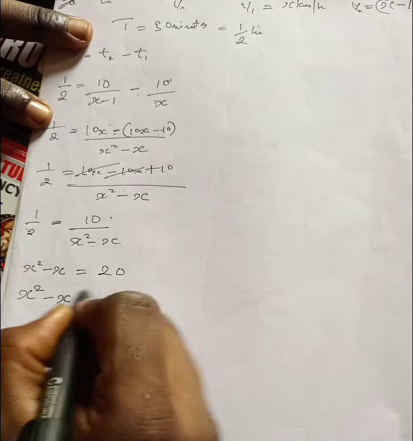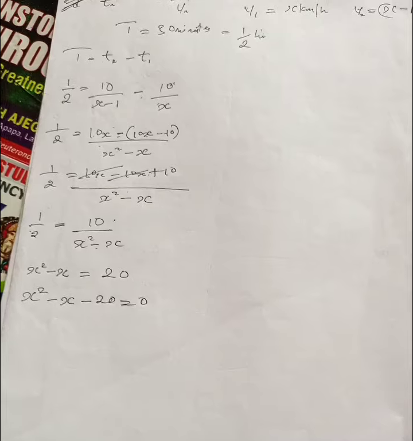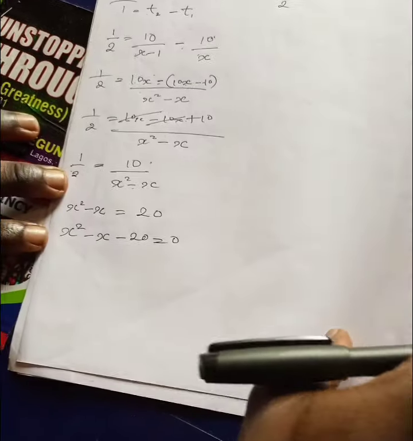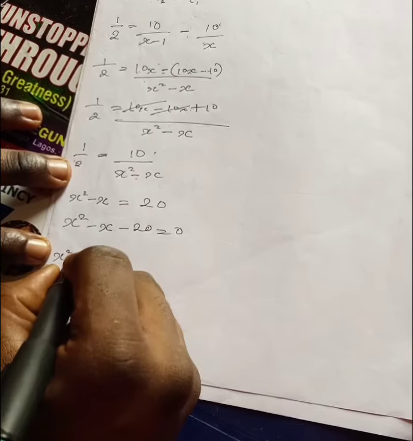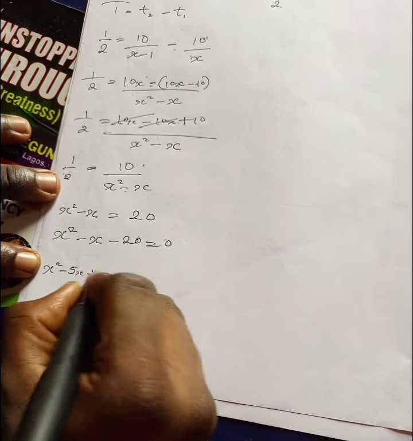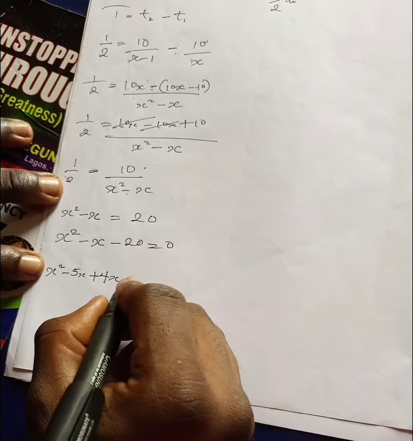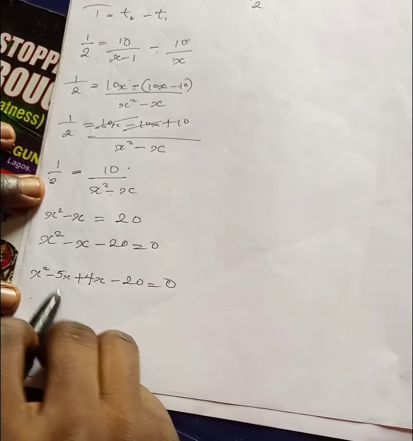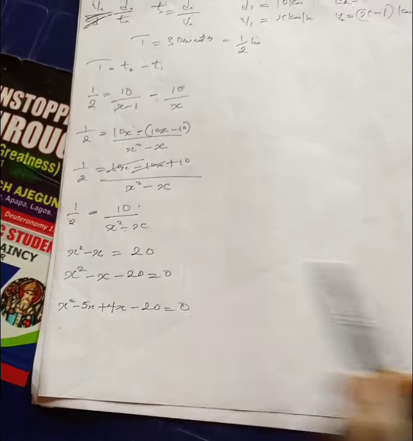Then my quadratic equation, which I can easily solve by factorization, becomes x squared minus 5x plus 4x minus 20 equal to 0. If you don't know how I got this, it's a simple step in factorization.